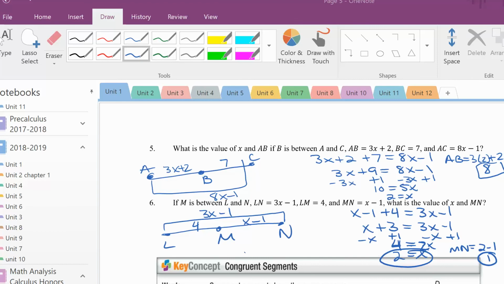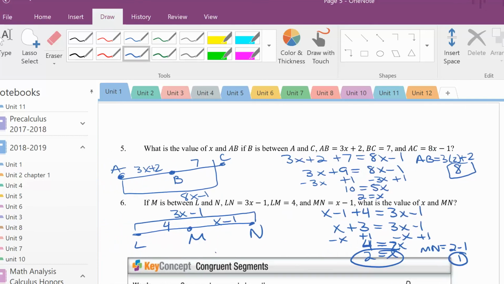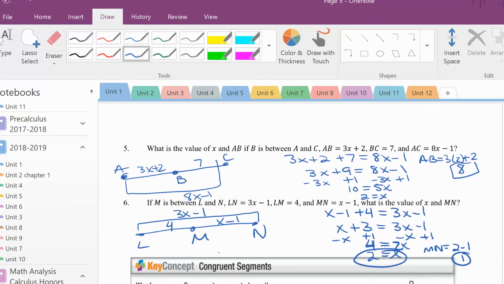All right, so if you look at number 5 first. Notice you draw it so that B is between A and C. So you have 3x plus 2, 7, and then 8x minus 1 is the total. So you add up 3x plus 2 plus 7 equals 8x minus 1. You solve and you get x equals 2.